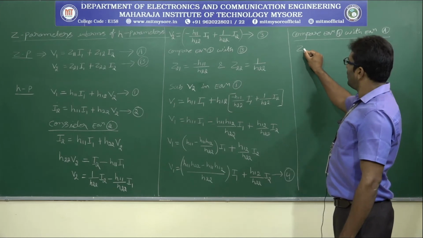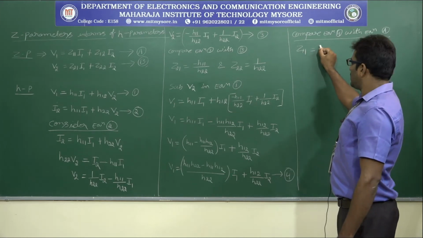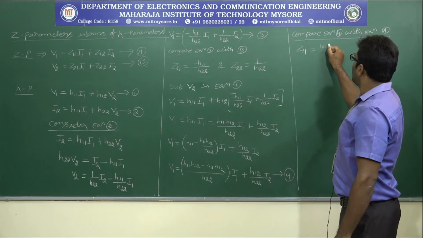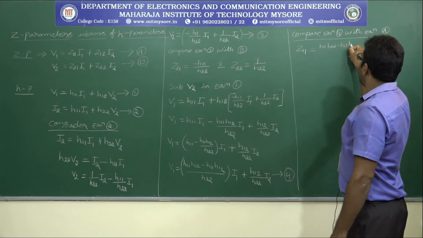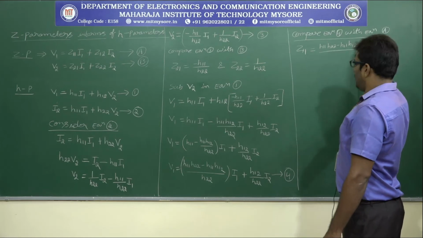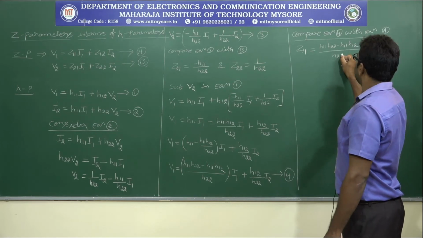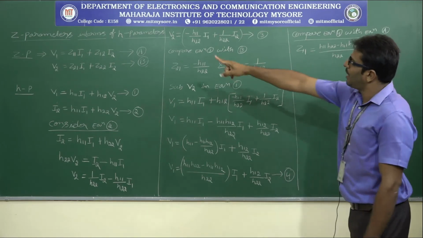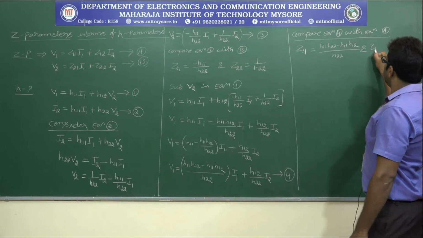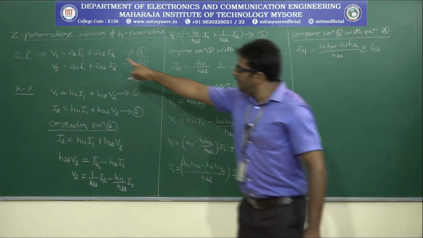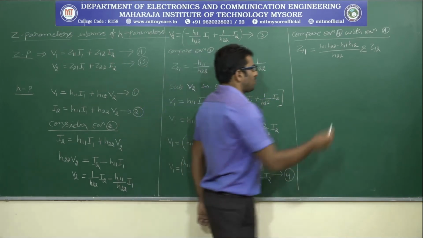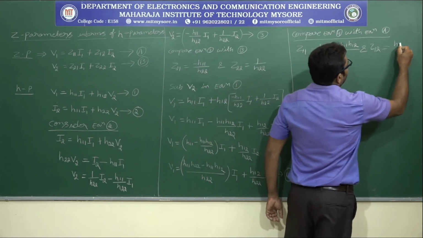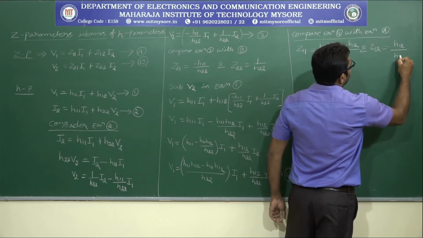Z11 is equal to H11 H22 minus H12 H21 whole divided by H22. And the second parameter is Z12. What is Z12? Z12 is equal to H12 by H22.